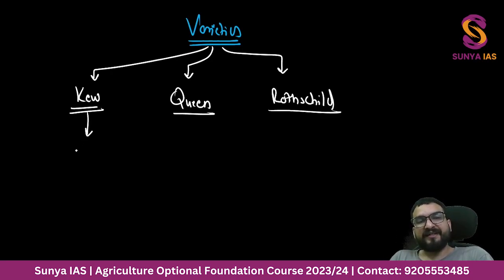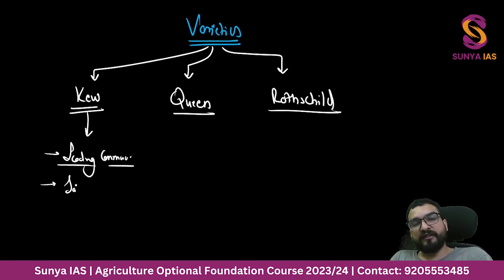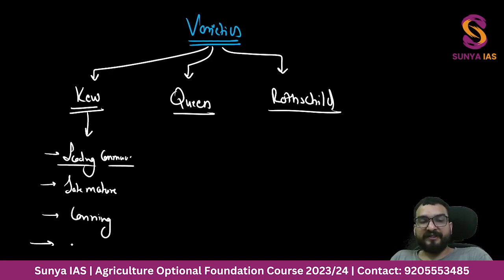Kew is a leading commercial variety, guys. Whatever pineapple is grown at commercial level is Kew. It matures late, so it is a late maturing variety. It is good for canning, meaning juice purposes. And it is largely grown in northeast states, for example Assam, Tripura, Mizoram.